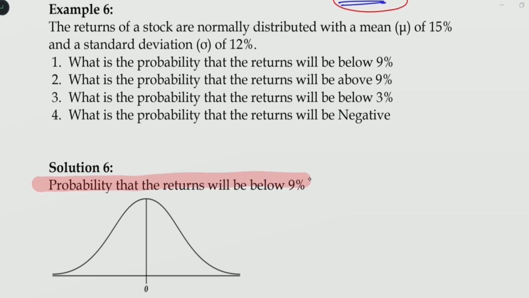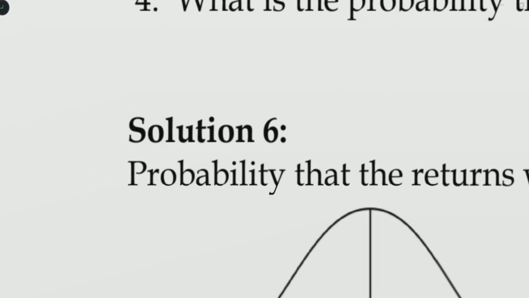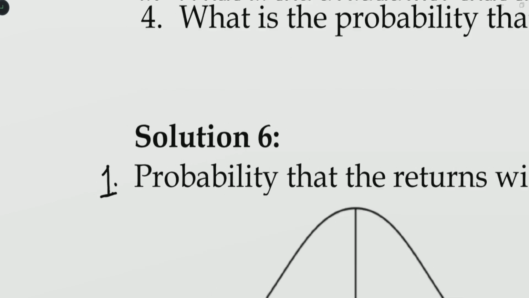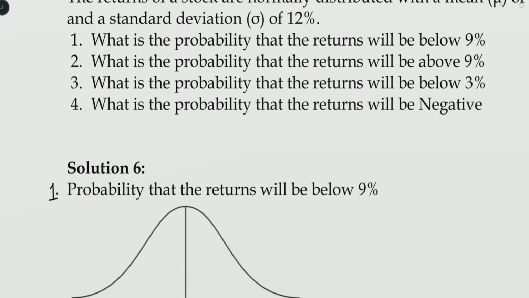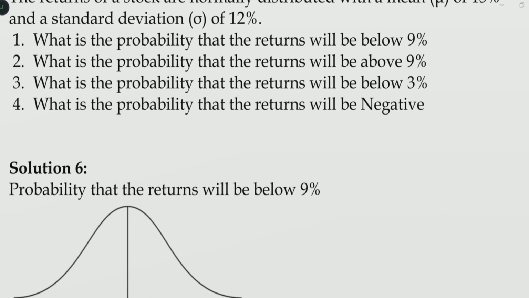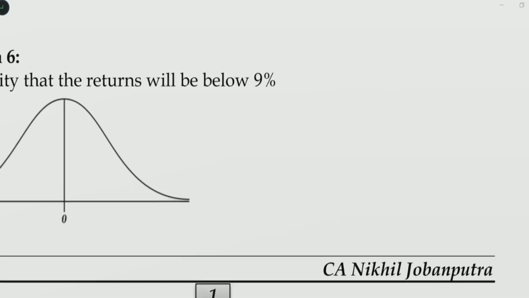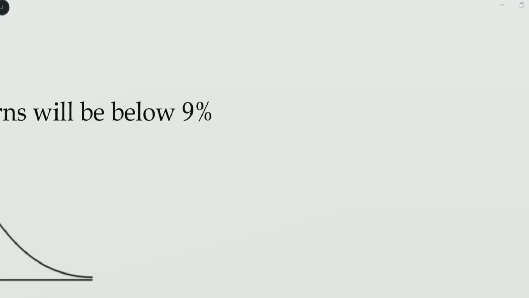The first part of that, let me mention that this is the first part. First part, probability that the returns will be below 9%. Now what we are going to do, you know what you should do over here. You have to first find the z value, right?